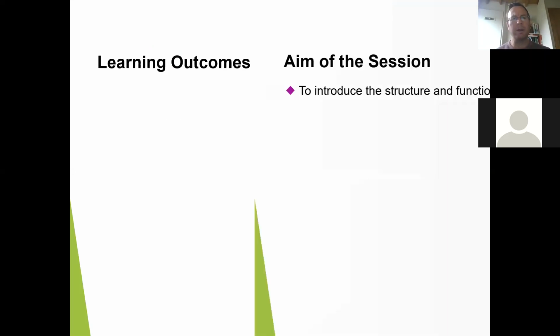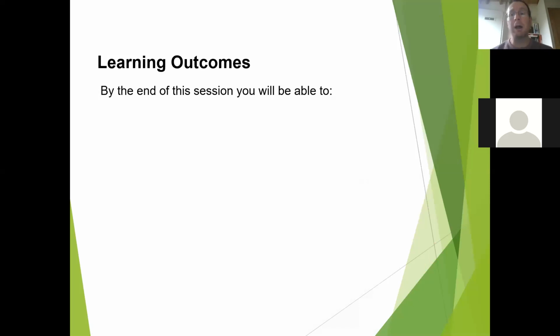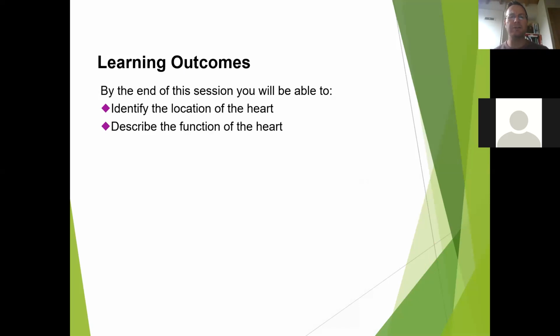By the end of this session we're going to identify the location of the heart. You need to be able to describe where the heart is using correct anatomical terms and without pointing. We need to describe the function of the heart, the places that it pumps blood to.